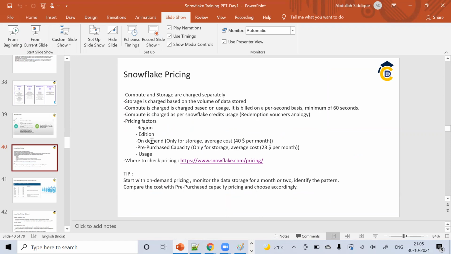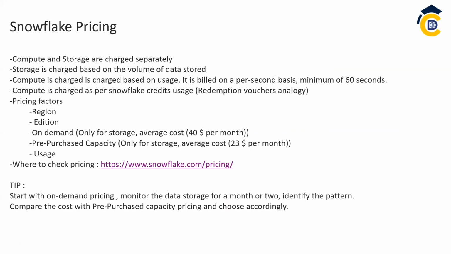This is a Snowflake tip, not from me. It says to start with on-demand pricing, monitor the data storage for a month or two, identify the pattern, compare the cost with pre-purchase capacity pricing, and choose accordingly. This is what Snowflake suggests.